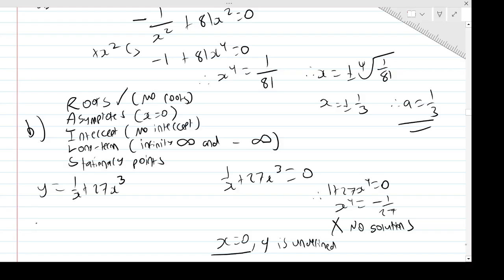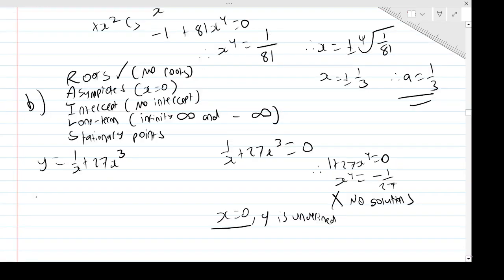Now next we're going to look at the long-term behaviour. So that's what happens when x goes to infinity and minus infinity. Well, when x goes to infinity, think about it. You can maybe visualise a reciprocal graph, but 1 over x goes to 0.